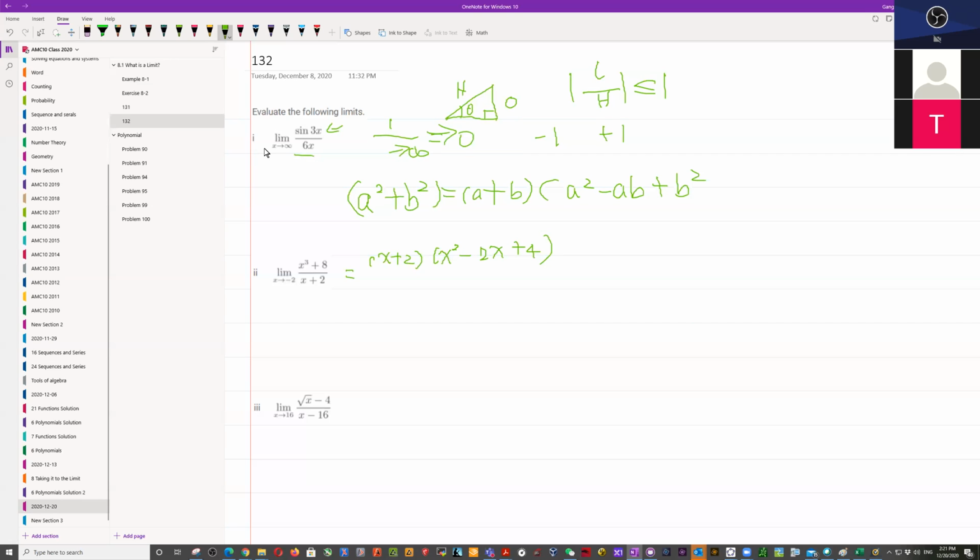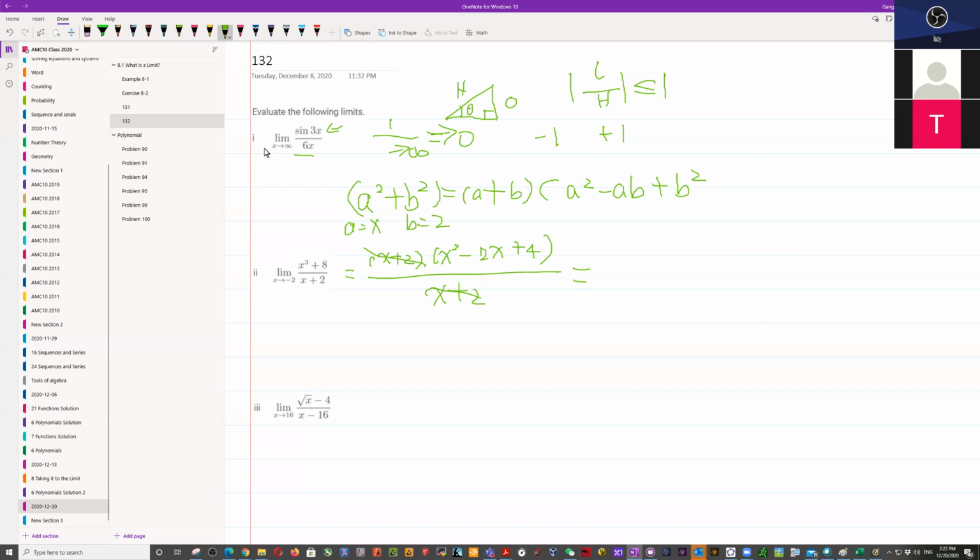All I did is let a equal x and b equal 2. If you fill in the formula, you will get this. Then it's x plus 2, and this cancels.